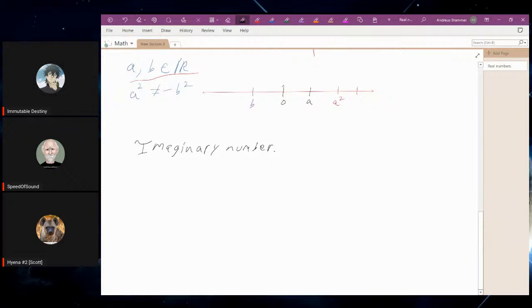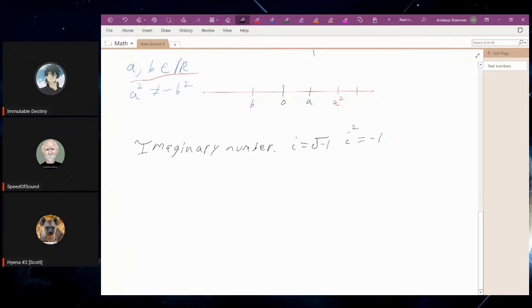Way back in mathematics, in the 17th century or so, people described a number which is different. That is a number we call i, the imaginary number. It has the definition that it's equal to the square root of minus 1. And if we square each side of this expression, we get that i squared is negative 1.